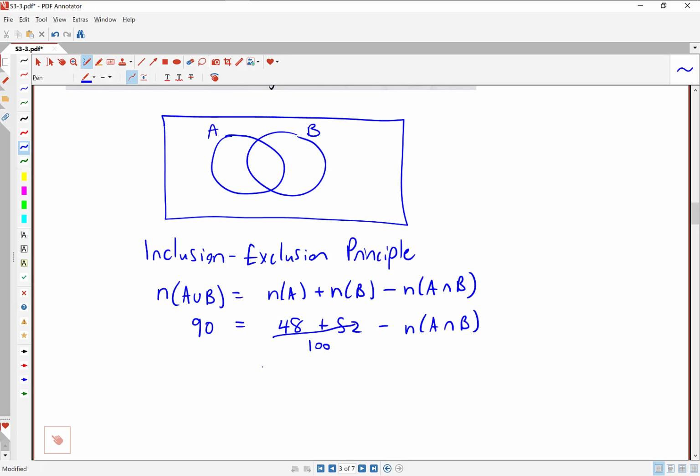And if we now subtract 100 from both sides, we've got negative 10 equals negative the number of elements in A intersect B. And then we can divide through by negative 1. So that's telling us there are 10 elements in A intersect B.